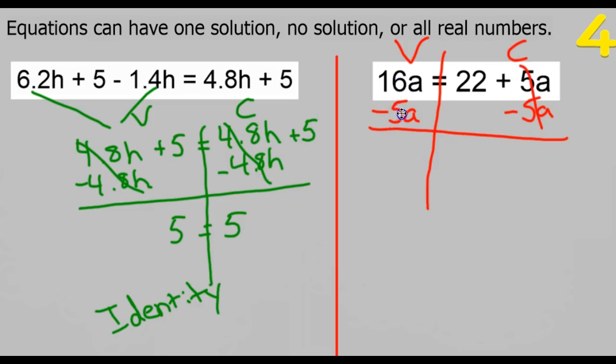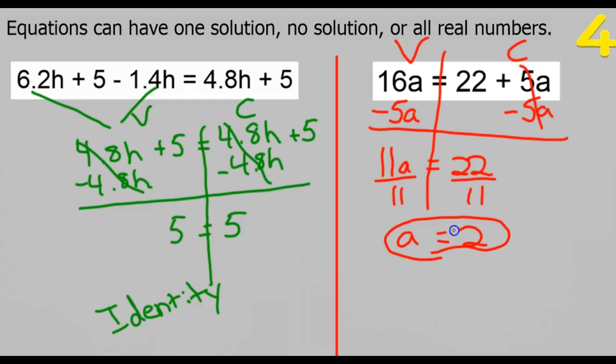So I get 16a minus 5a, which is 11a, equals 22. Divide by 11, and I get a equals 2. So what this means is that only one thing, only 2, can work for this equation. So I have one solution.